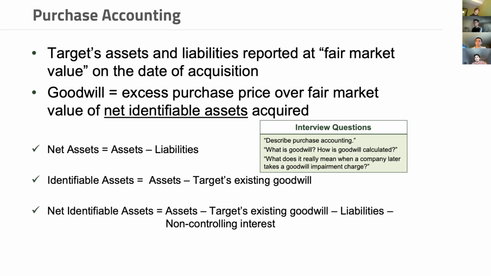So if a company is acquired for, let's say, $1 billion and their net identifiable assets on their balance sheet are only 500 million, you might ask, why are they being acquired for 2 times what they're worth on their balance sheet? That comes back to the synergies we talked about earlier, but they have to justify that residual value somehow, and they do it by writing up the goodwill and other intangibles.